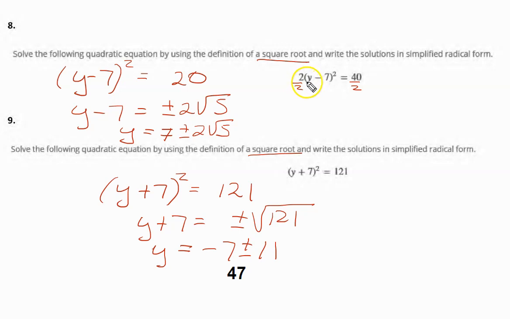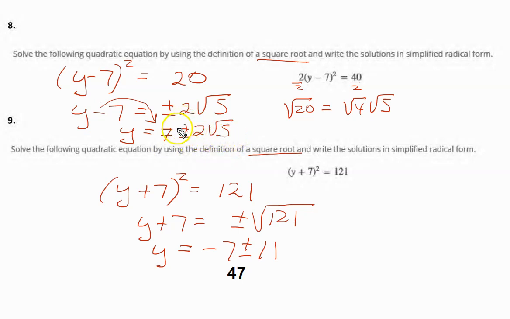And this gave us then what we have in parentheses equals 20. Then we took the square root of both sides. And if you recall, the square root of 20 is equal to the square root of 4 times the square root of 5. So I simplified that as 2 the square root of 5. Transpose the negative 7 over as a positive 7, and there's our answer.